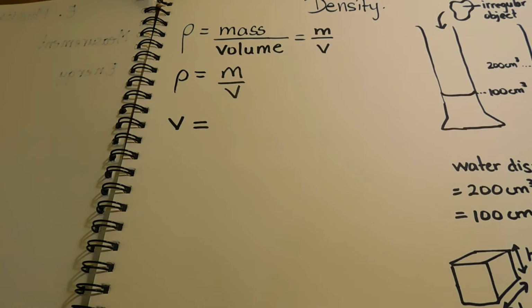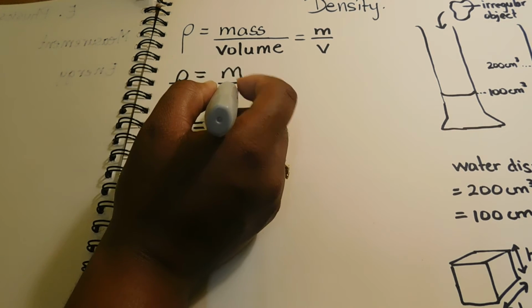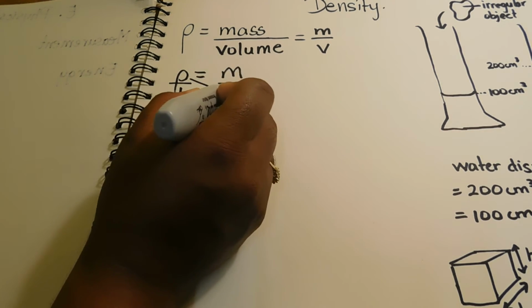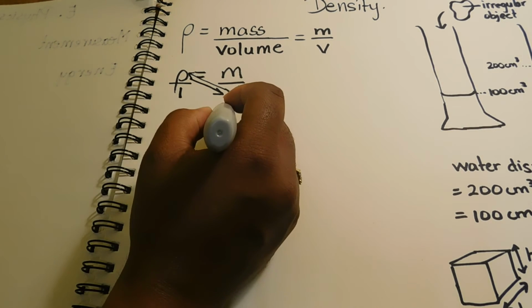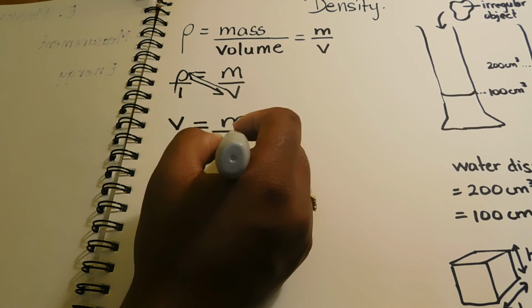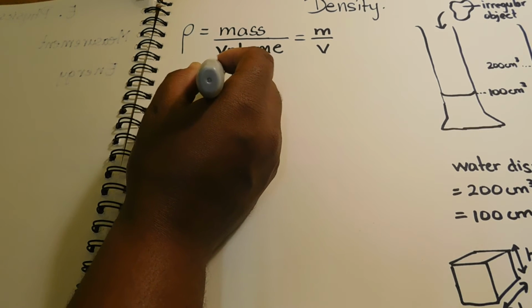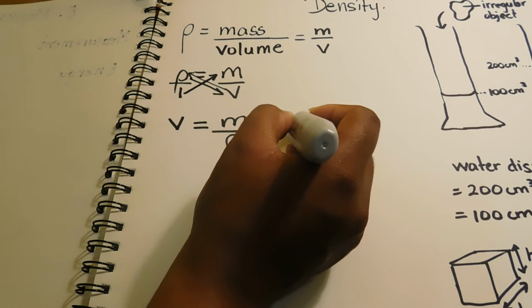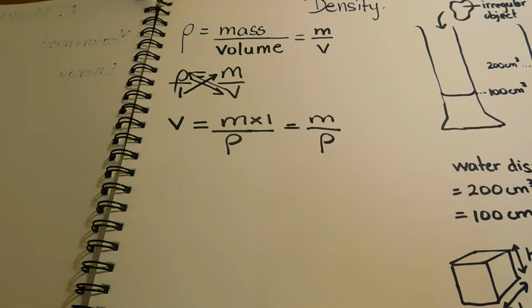Well, if you're looking for volume, you put rho over 1 and you just transpose. Rho goes down and volume will go up, and so you would have m over rho. The 1 will come up as well if you want it to come up. That'll be times 1, which will eventually give you m over rho, which is awesome.